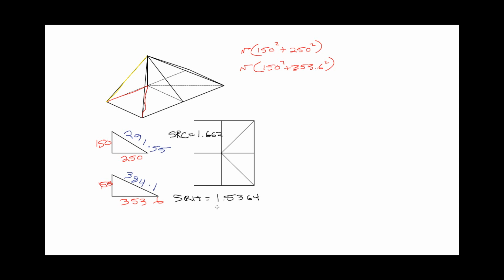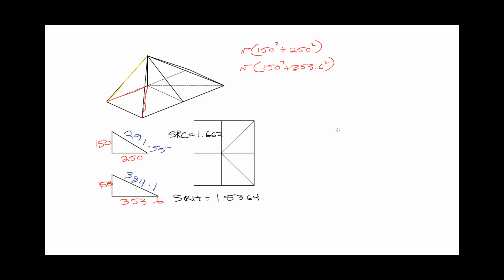I will store the common ratio in location A, and then 1.5364 in location B. Okay. So now this makes life a lot easier when we are trying to calculate the line length of our hip or our valley, all from the same unit of run.